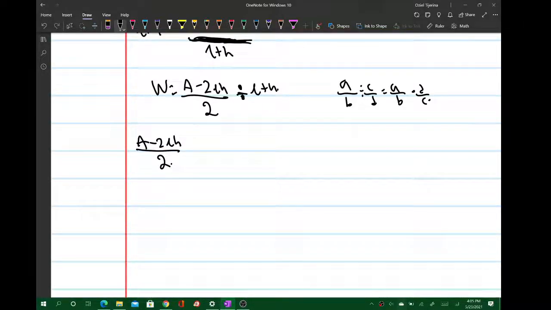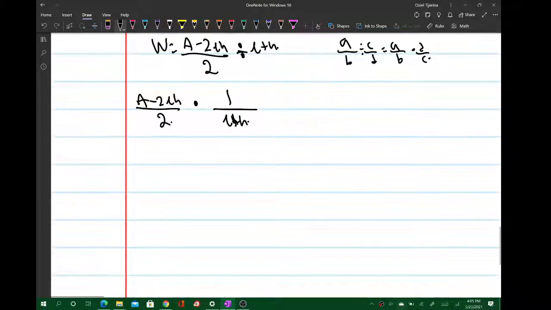And then we're going to change this to multiplication, and we're going to put this all times 1 over L plus H, right?